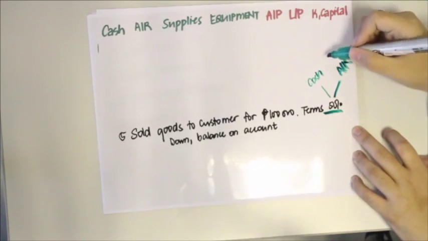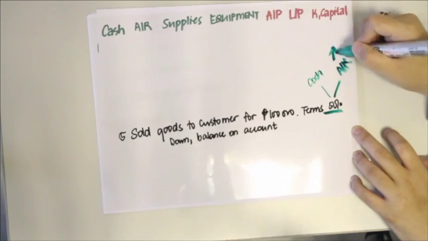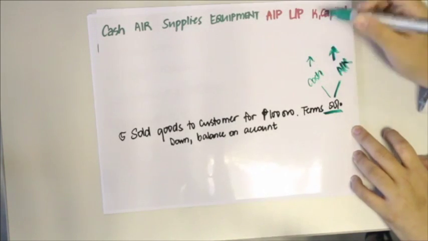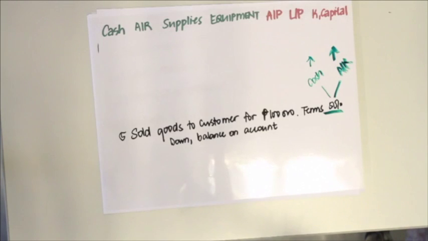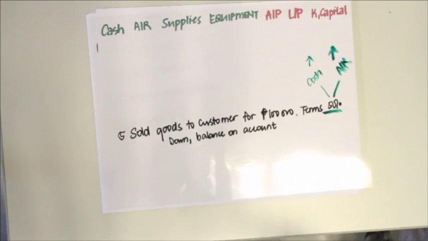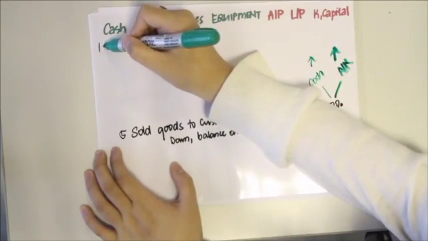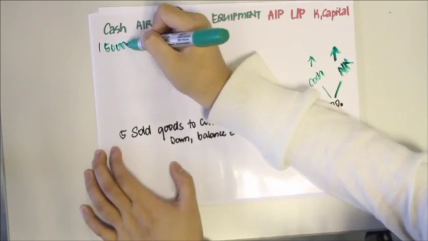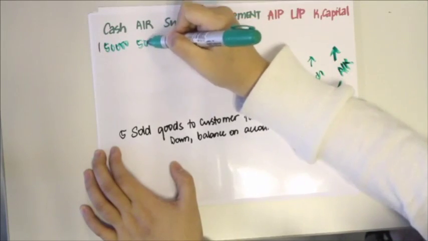Of course, both resulted in an increase, as I said before, since sales would normally cause an increase in your assets, whether in cash or on account basis. So 50% of 100,000 is 50,000. So cash and accounts receivable both experience an increase of 50,000.